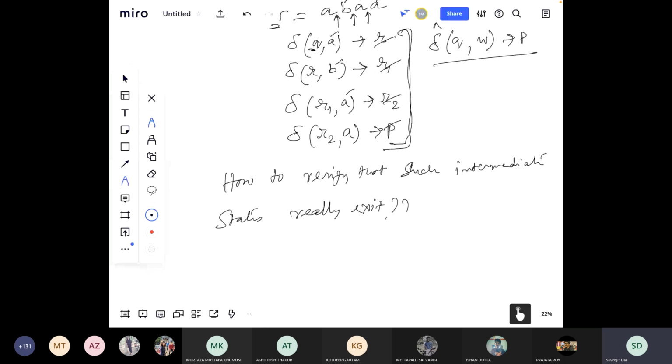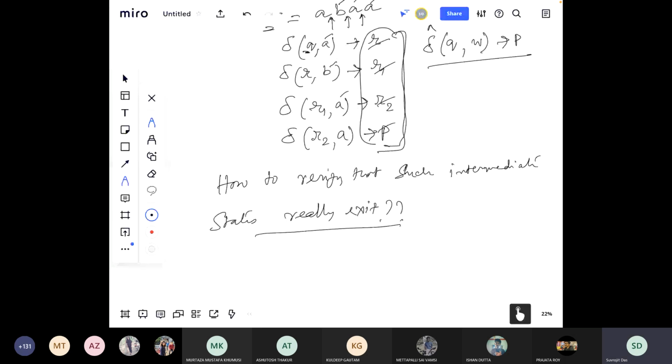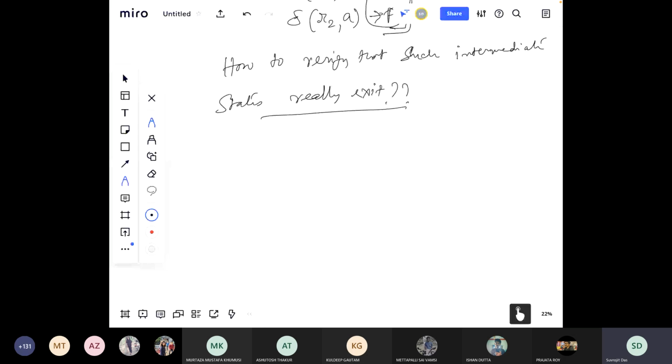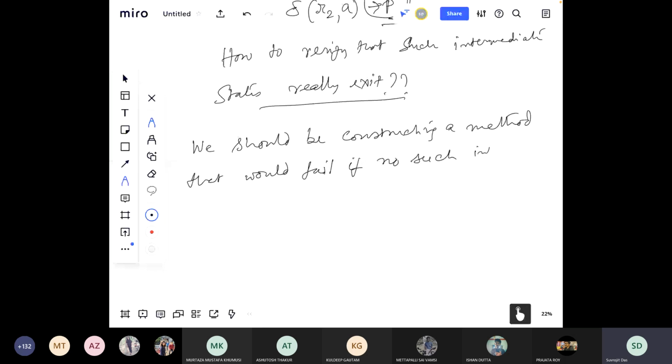How to verify? How can we verify that these intermediate states really exist? So what can be done is we should be constructing a method that would fail if no such intermediate states exist.